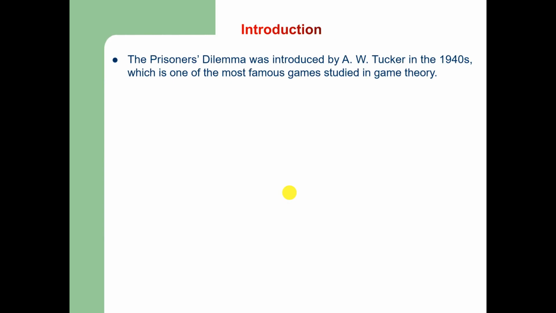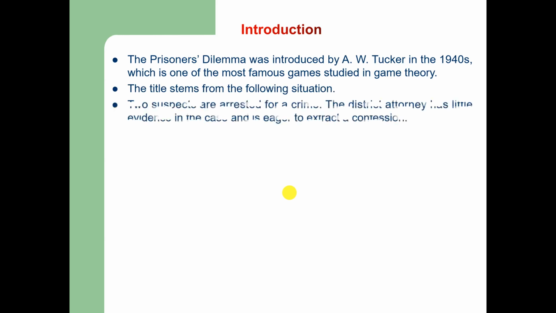The prisoner's dilemma was introduced by Tucker in the 1940s, and is one of the most famous games studied in game theory. The title stems from the following situation. Two suspects were arrested for a crime, and the district attorney had very little evidence and was eager to extract a confession.